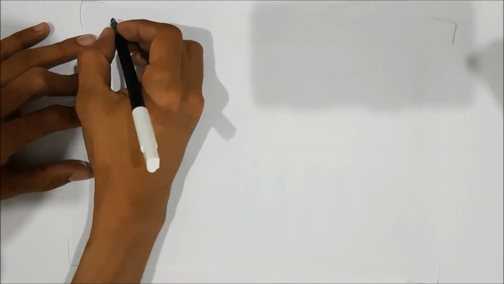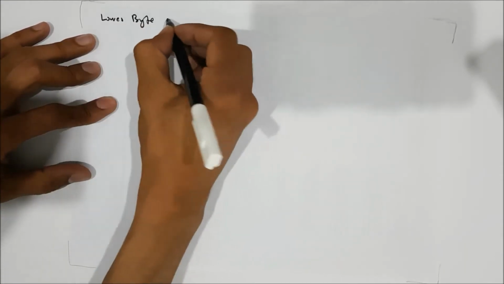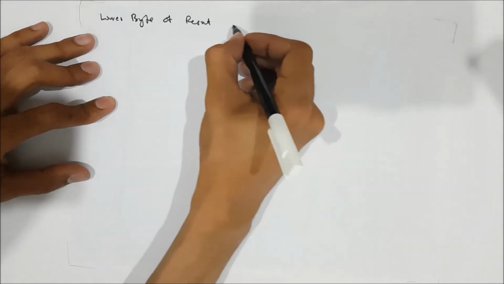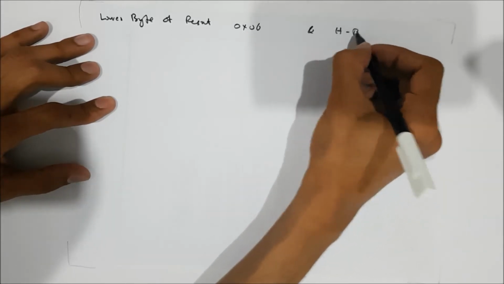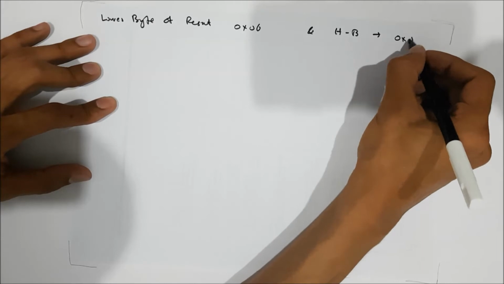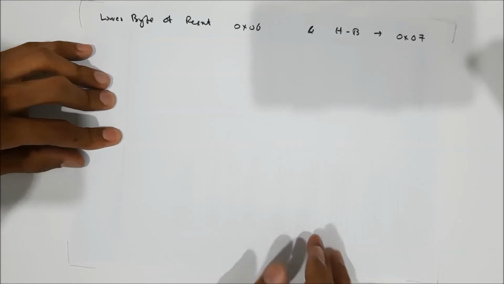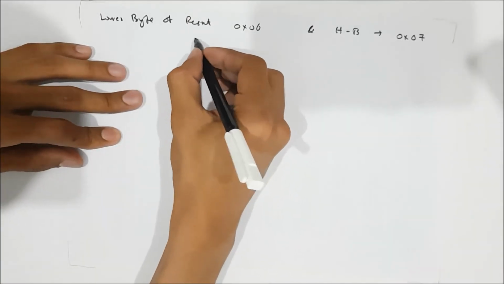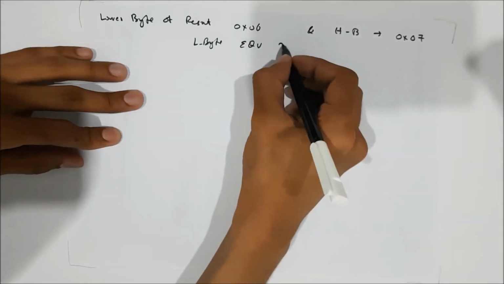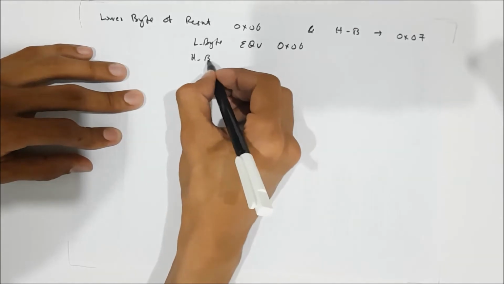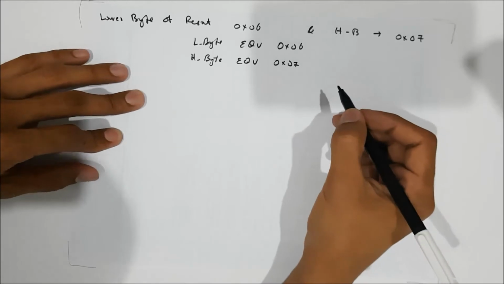The statement itself says that the lower byte of the result should be at location 0x06 and the higher byte should be saved at 0x07. So let's equate these two: L_byte equ 0x06 and H_byte equ 0x07.